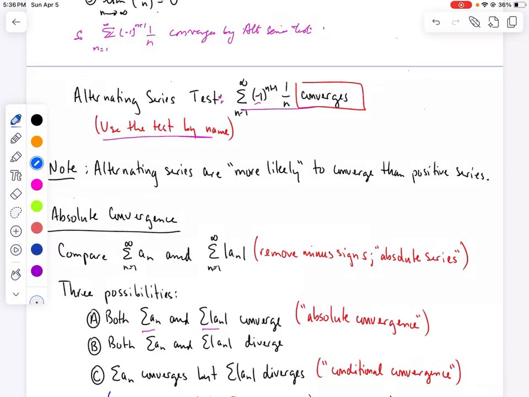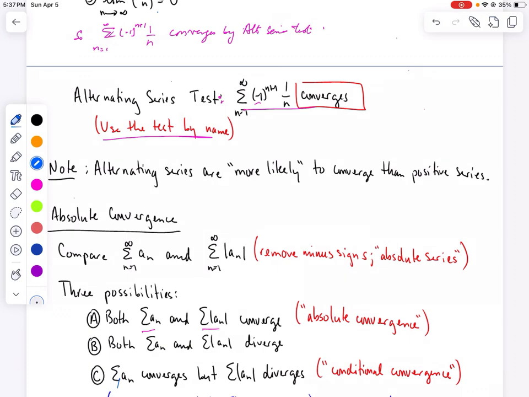When both of them converge, the one with the mixed signs and the one with all positive terms, we have absolute convergence. They can both diverge.